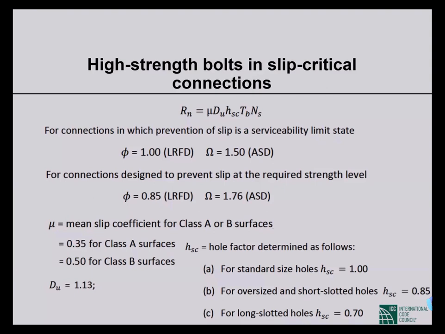And okay, TB is bolt tension, the tensile strength of the bolt. NS is the number of slip surfaces. Okay, I have to check what DU is.